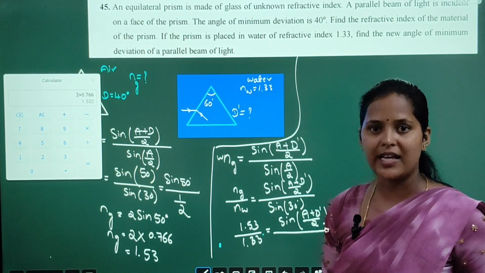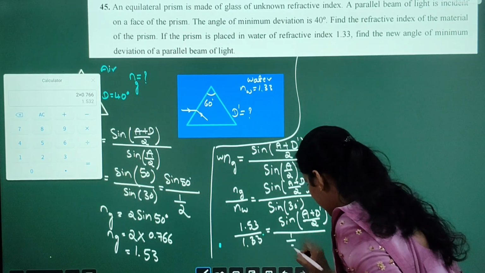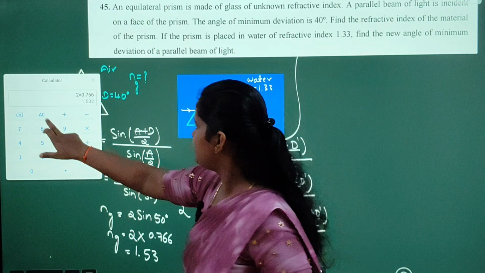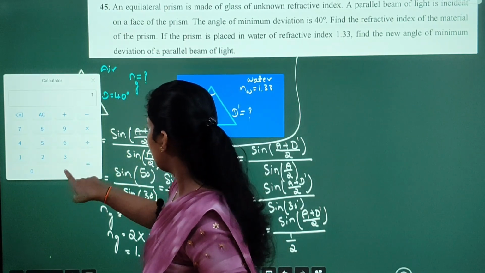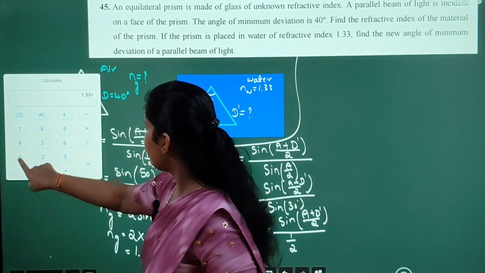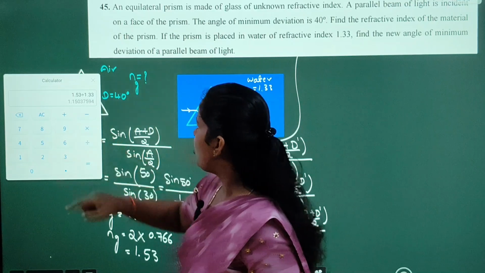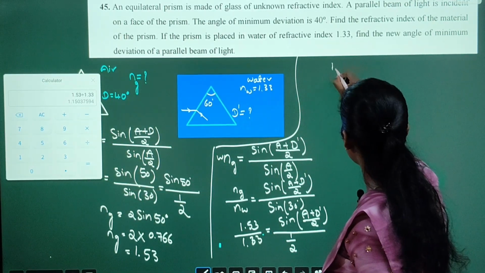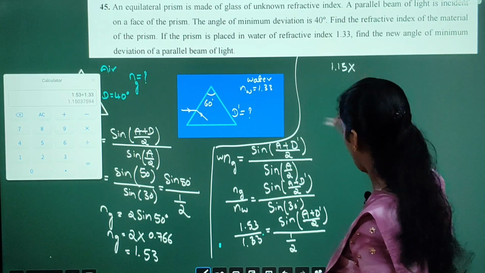What is the value of sine 30? 1 by 2. Correct, no? So what is 1.53 divided by 1.33? Use a calculator. Here 1.15 is the value. 1.15 into 1 by 2.